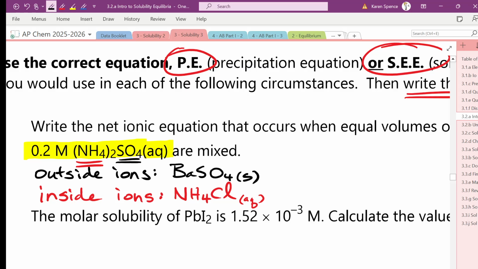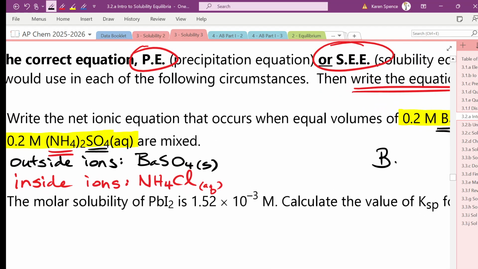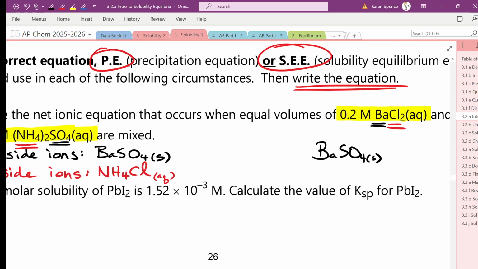Could you write the net ionic equation that forms BaSO4 solid? Who will be reacting?